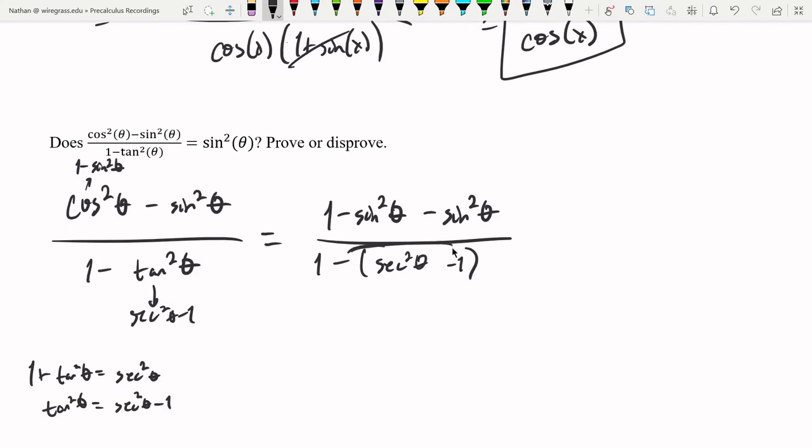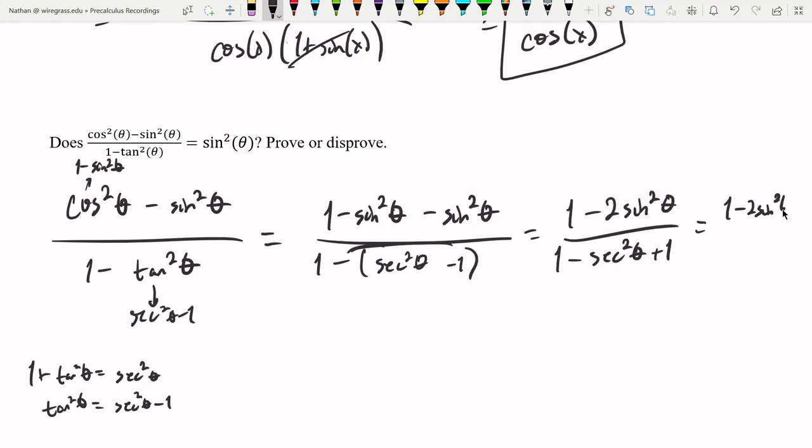Okay, I need to distribute the negative. That's going to give me 1 minus 2 sine squared theta on top. On bottom I have 1 minus secant squared theta plus 1, so 2 minus secant squared theta.